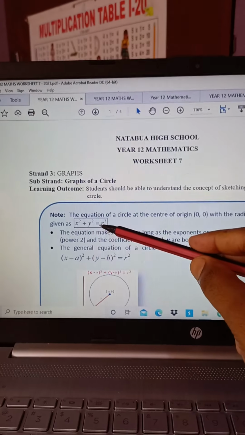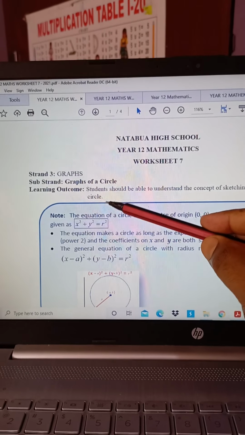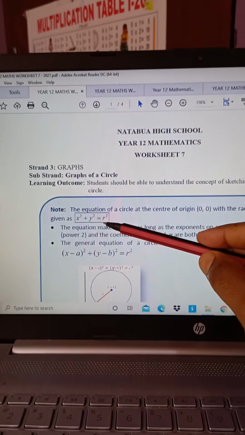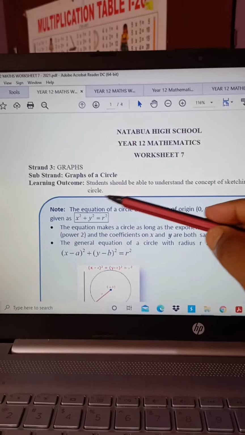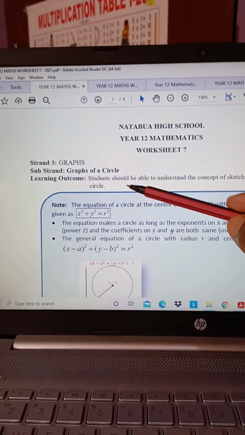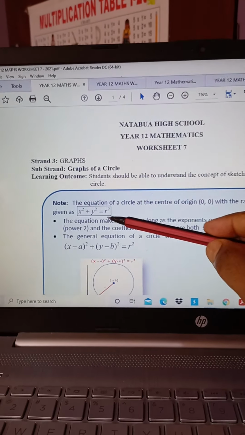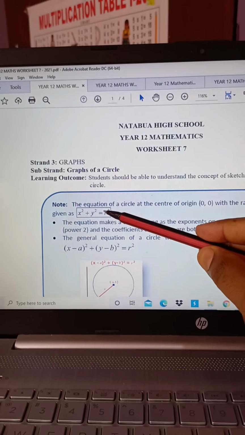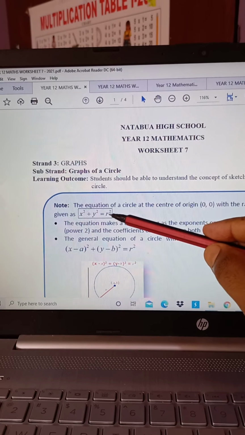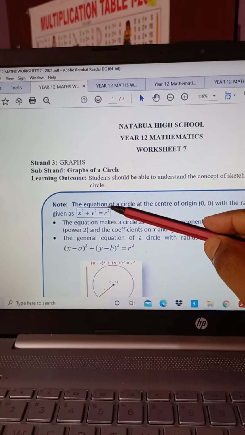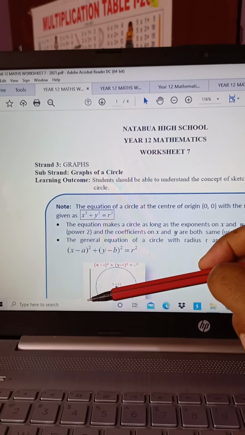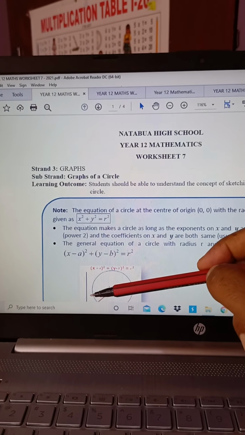Instead of writing 4 squared, your examiner will always put up a 16. In place of 3 squared, you will find a 9. So the number after the equal sign is not necessarily your r value. You will have to find the square root of that particular number in order to find the radius of the circle.